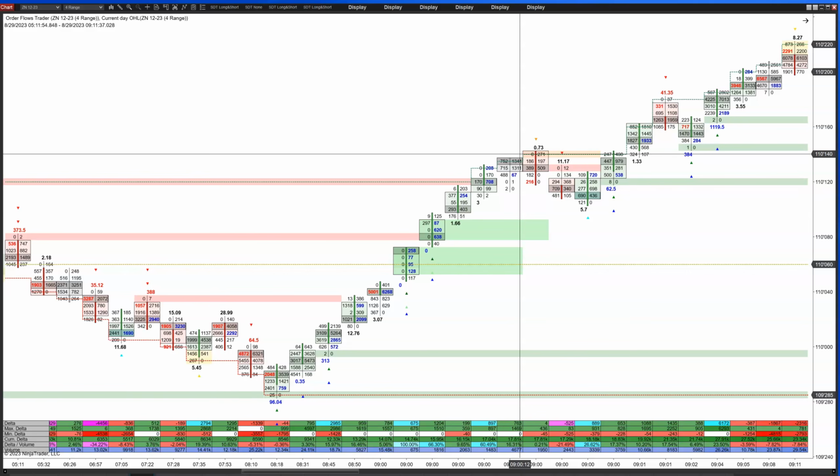And this was something that made total sense to me ever since I started using a footprint chart. I didn't start using a footprint chart until 2010 or something around there. But I was able to take all the knowledge that I had gained, because I've been doing electronic trading since electronic trading basically started back in the early 90s.